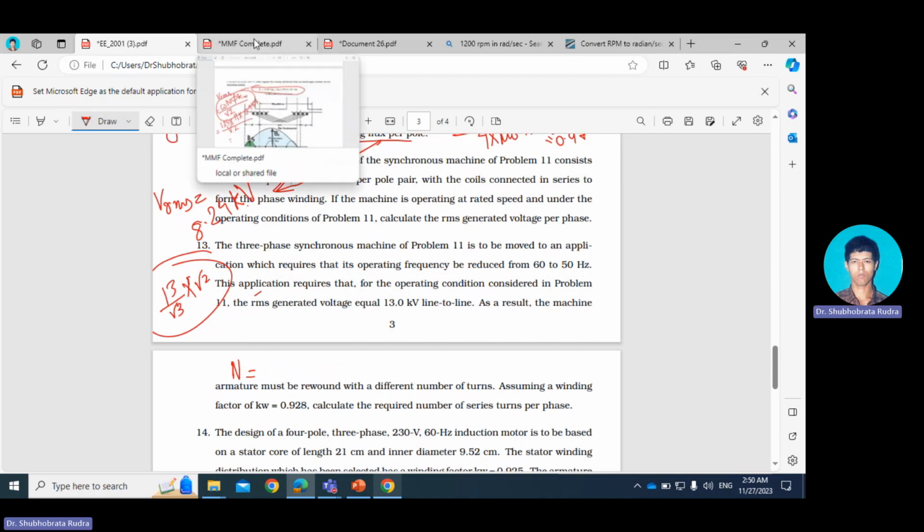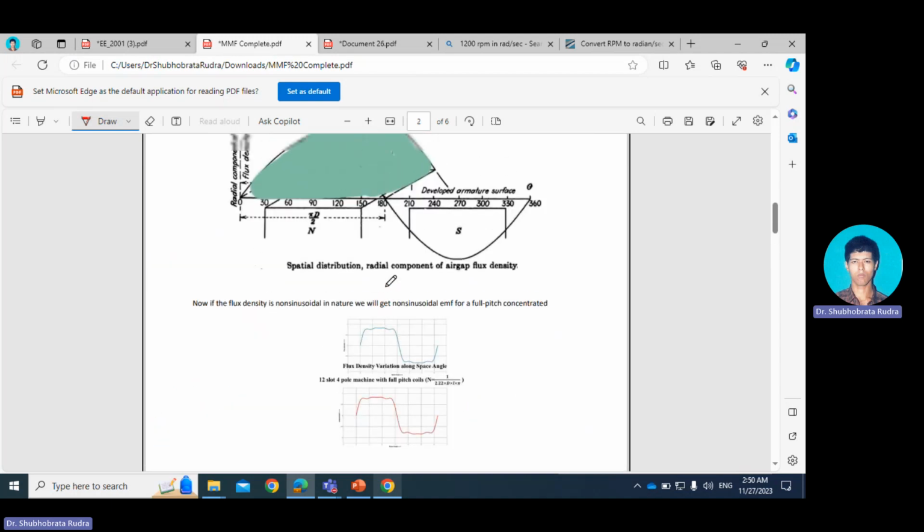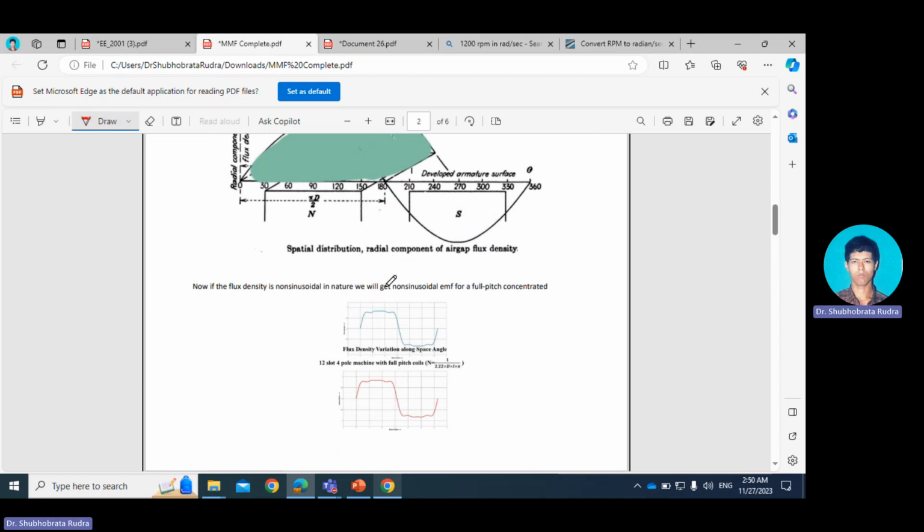Okay, if you are getting confused, then you can check this formula, right? Here I mentioned everything. What is N? What are all these things?